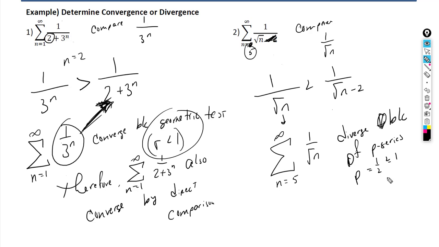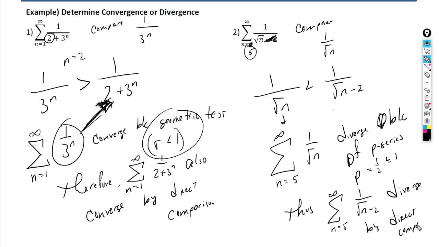And so this is going to diverge. Thus, our original n equals 5 to infinity of 1 over the square root of n minus 2 is going to diverge by direct comparison. Okay, let's move on.